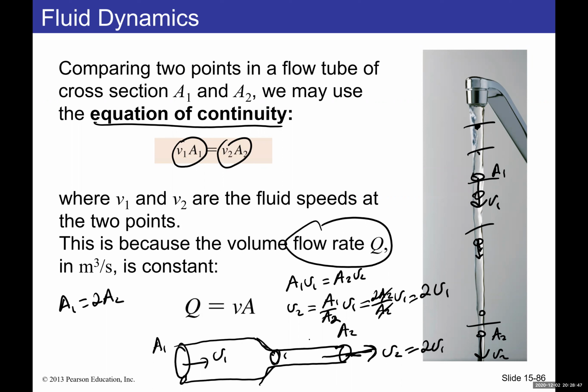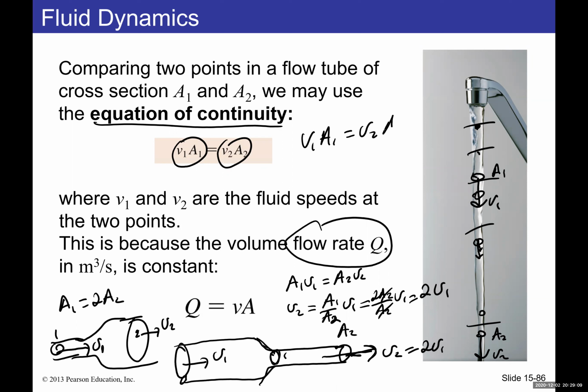If it goes from a smaller opening to a larger opening, say point 1 to point 2, it is moving faster at the smaller opening and slower at the bigger opening, because of the flow rate. So remember, you have to compensate: V1A1 equals V2A2. If area 2 is smaller, then V2 has to increase so the product remains constant.